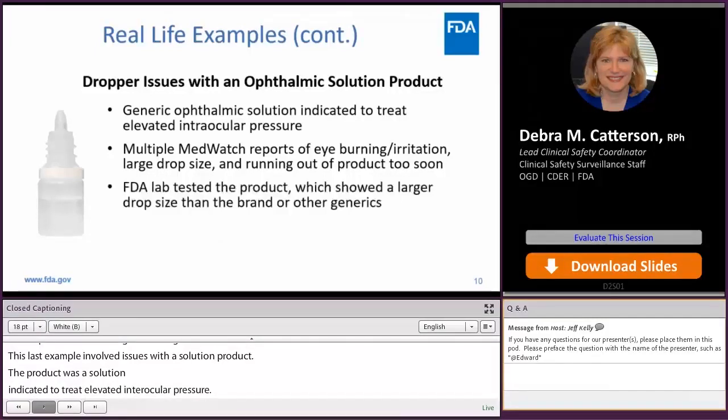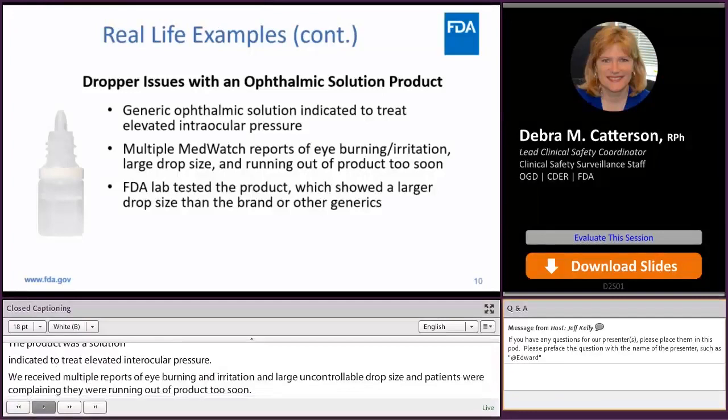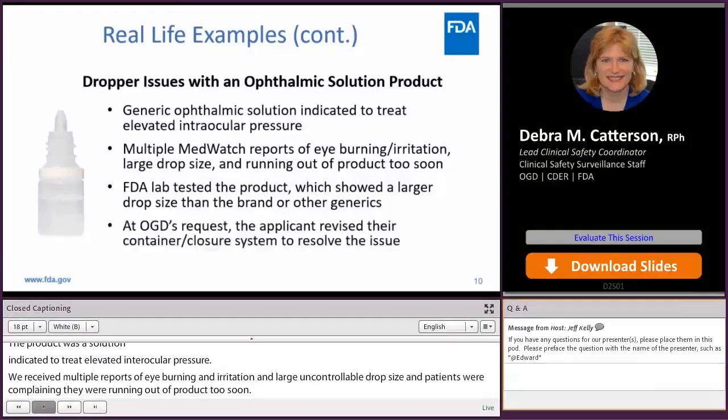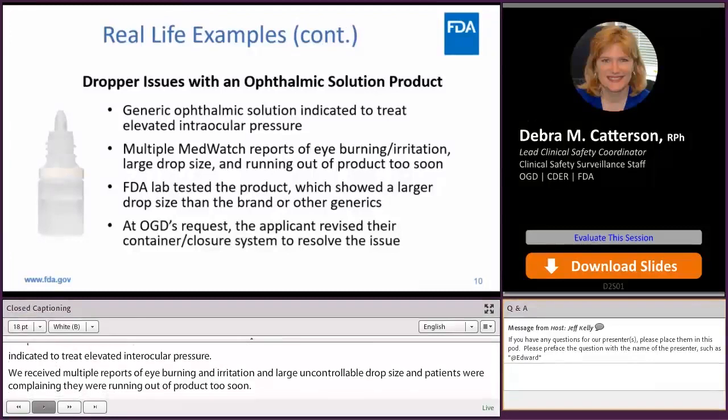Again, our FDA lab tested the product, and it showed that this particular generic product had a larger drop size than the brand or other generics. At OGD's request, the applicant revised their container closure system to resolve the issue.